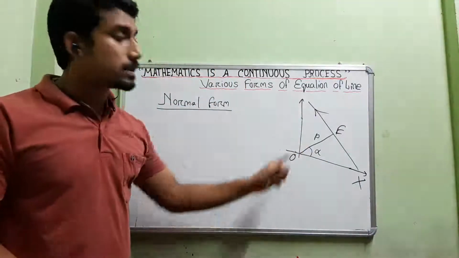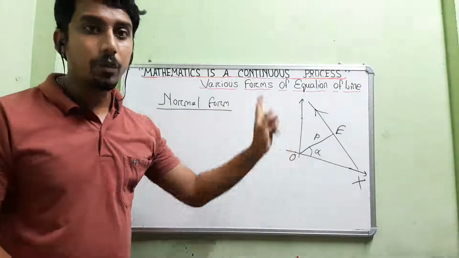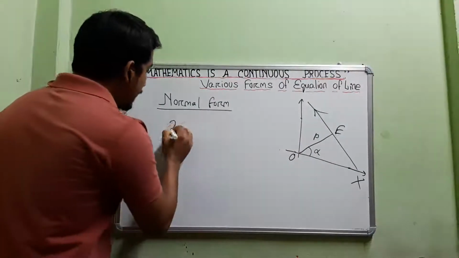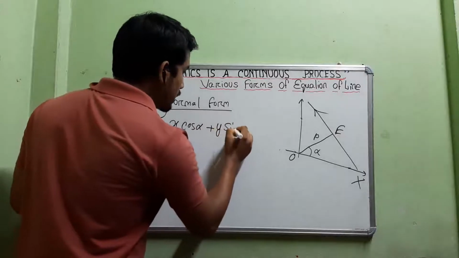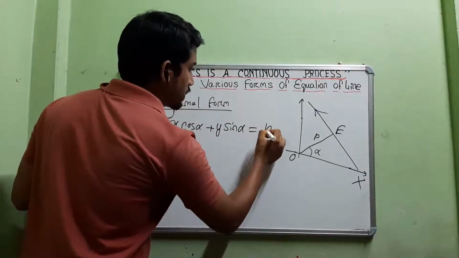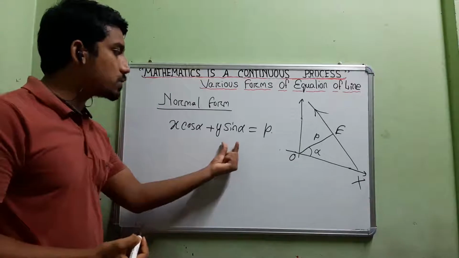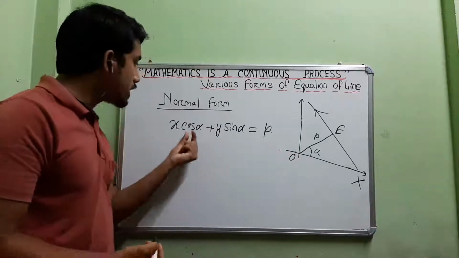At that time, what is the equation of that straight line? The equation of that straight line will be x cos alpha plus y sin alpha equals p. Now what is alpha there?